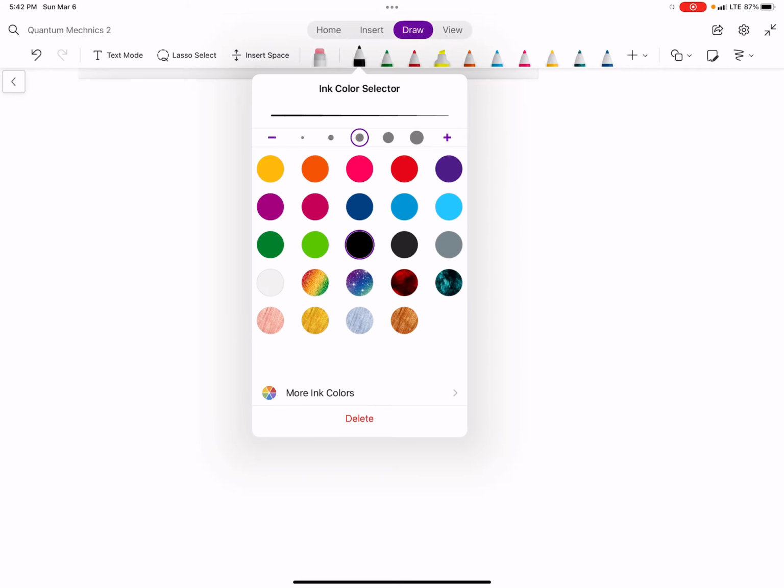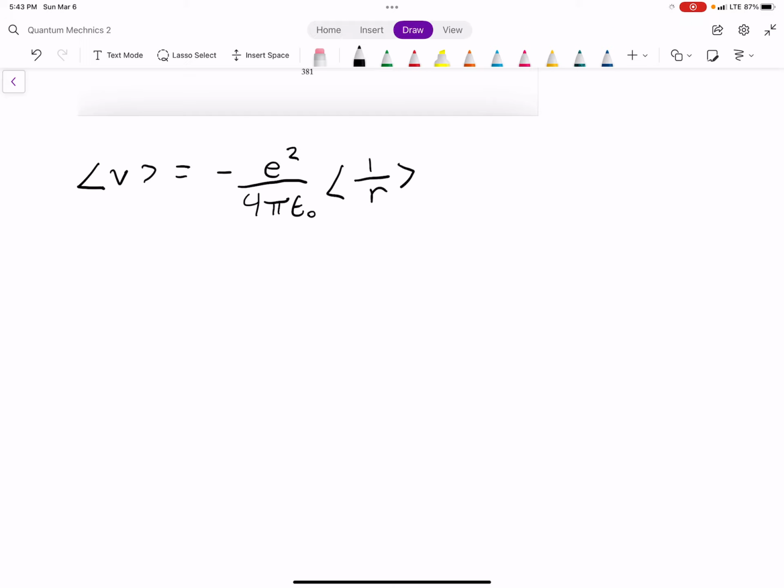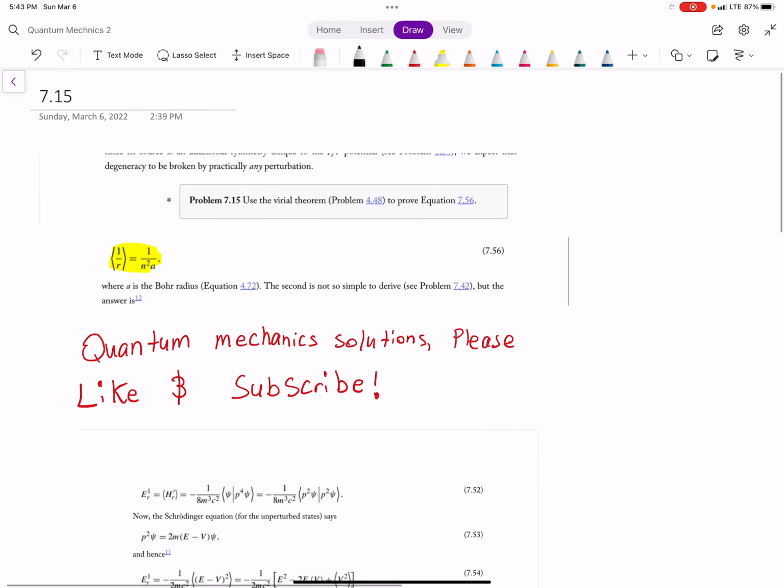So first off, our potential, this is for a hydrogen atom, is minus e squared over 4 pi epsilon naught, and then the expectation value of 1 over r. And this is equal to 2 times e sub n.